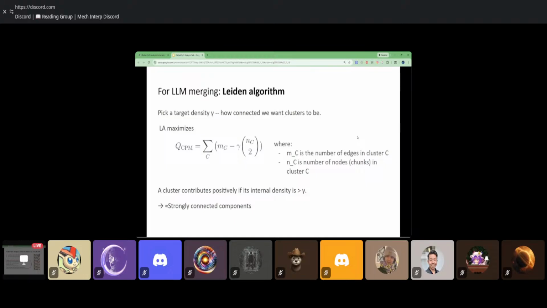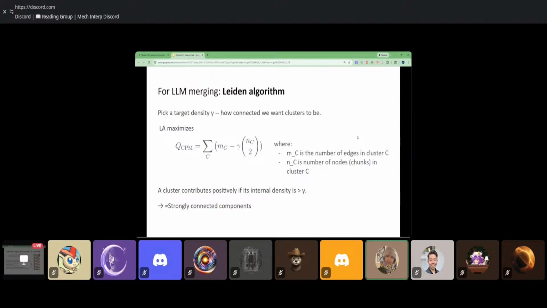Where does the graph come from? Imagine our clusters from the previous stage being separate nodes on this graph, each larger cluster a node, and you connect any pair for which the LLM says, "Yes, merge them."